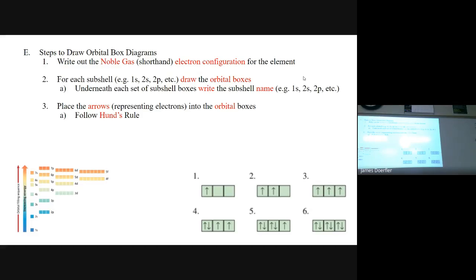So for each subshell, whether it be 1s, 2s, 2p, and so on, you have to draw the orbital boxes. Underneath the orbital boxes, you must then write the name of the subshell, which again is 1s, 2s, 2p, and so on. You will then place the arrows that represent the electrons into the orbital boxes following Hund's rule.